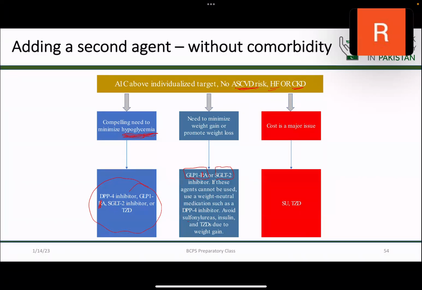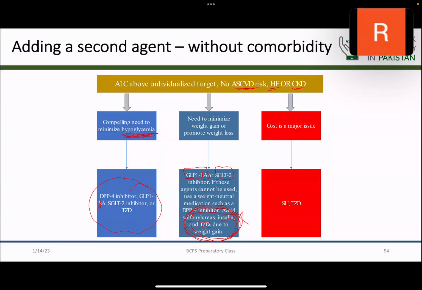Sulfonylureas, insulin, and thiazolidinediones can increase weight, so if the concern is weight gain, you should not consider these. And if cost is a major issue, which is an issue in developing countries like ours, but for most people in the developed world, they don't have a cost issue, then sulfonylureas and thiazolidinediones are much cheaper than the newer agents. So you can consider those.